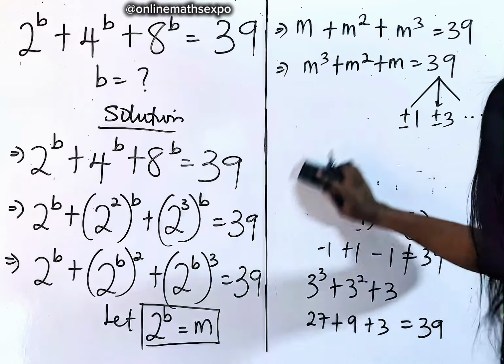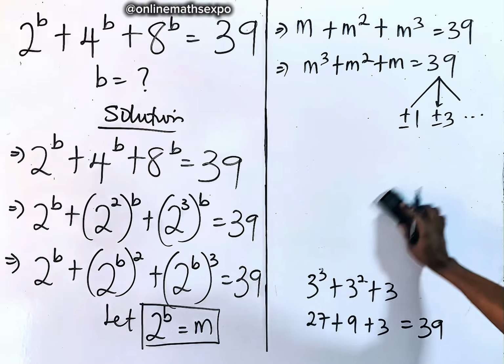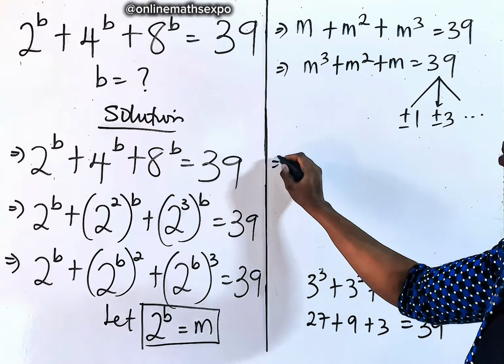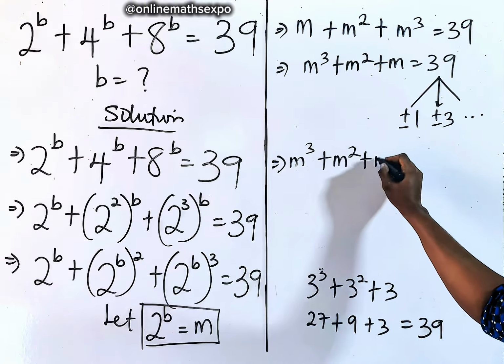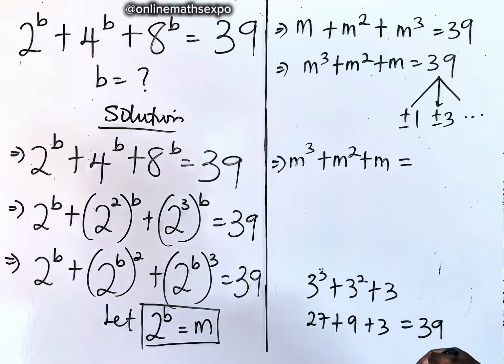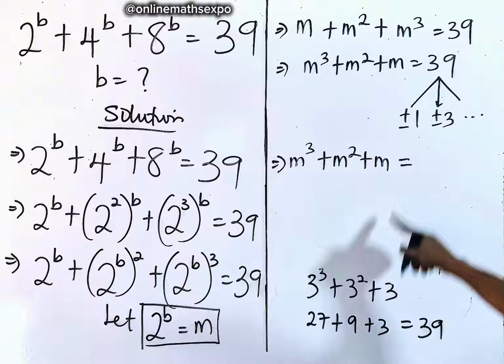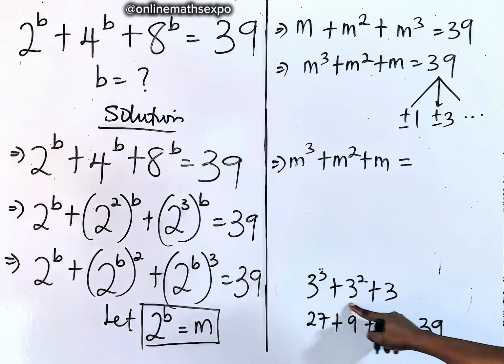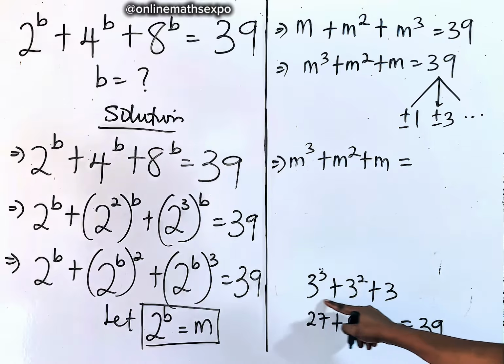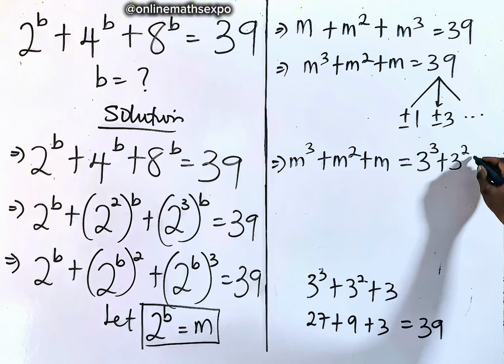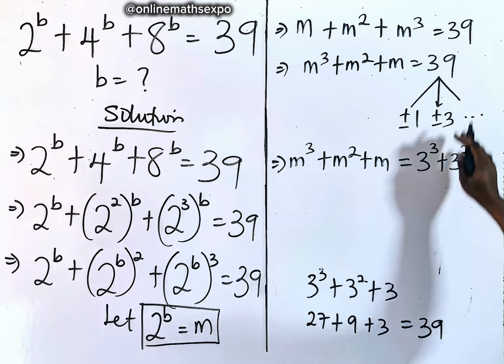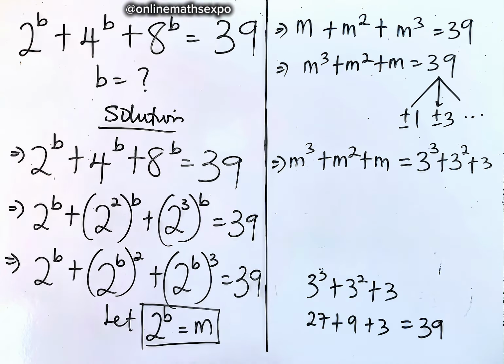So we take this off to keep solving. We are going to have m cubed plus m squared plus m is equal to, for this 39, we are going to replace it with this. So we have 3 cubed plus 3 squared plus 3. This gives us 39 from what we have stated here.